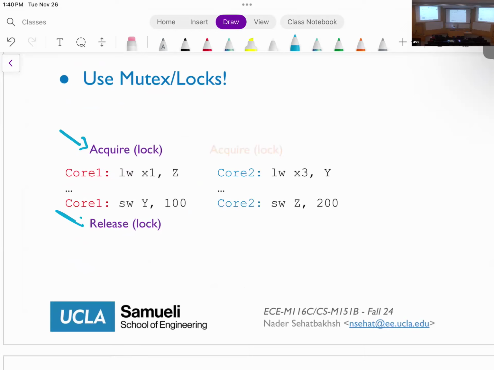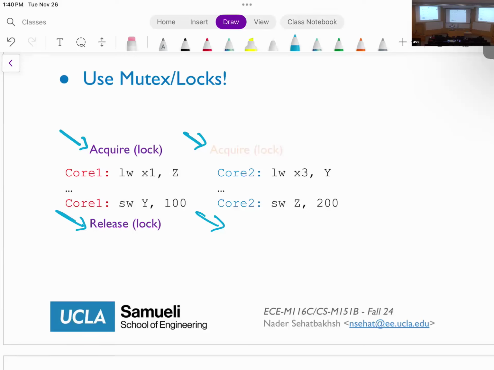Okay? So what you would do is you put these two things. Think about this as a function. You call it acquire lock and release lock. And you have it here and here as well. So you put both of these two instructions into this mutex, this lock region.